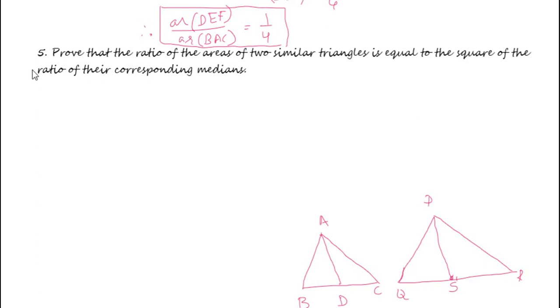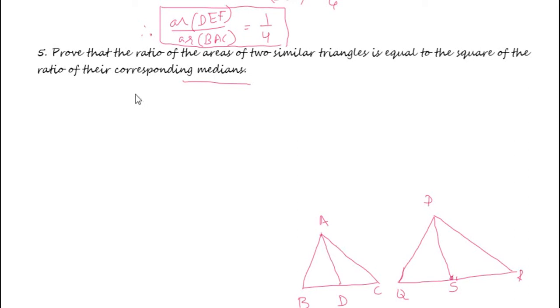Next exercise, prove that ratio of the areas of two similar triangles is equal to the square of the ratio of their corresponding medians. Here these are the two triangles ABC and PQR, which are similar, and we know that if two triangles are similar, the ratio of their areas is equal to the square of the ratio of their corresponding sides.